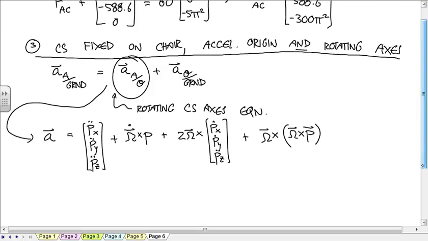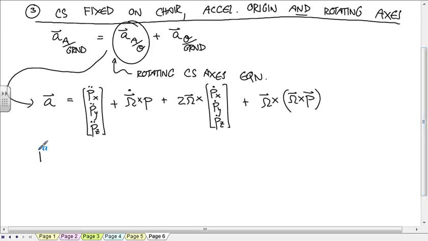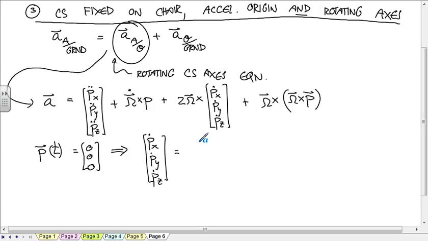So the position vector for any time is 0. And that means that the observed velocity is 0. And that means that the observed acceleration is 0.